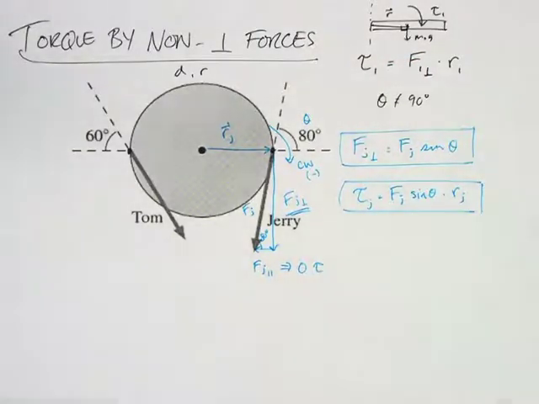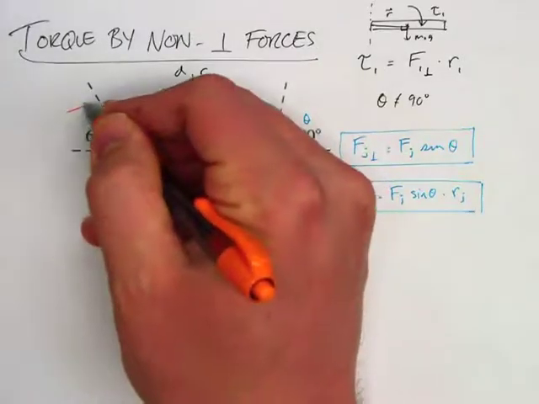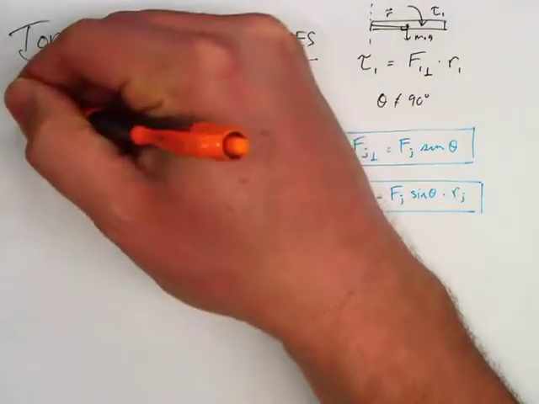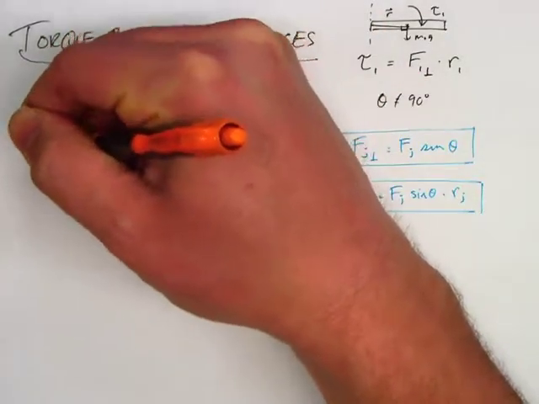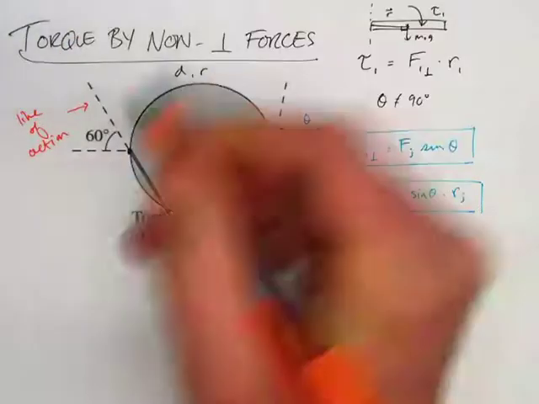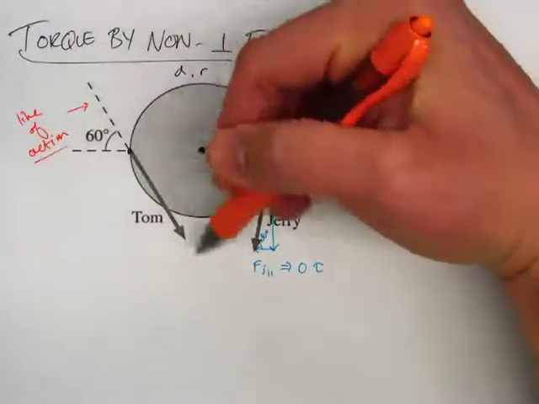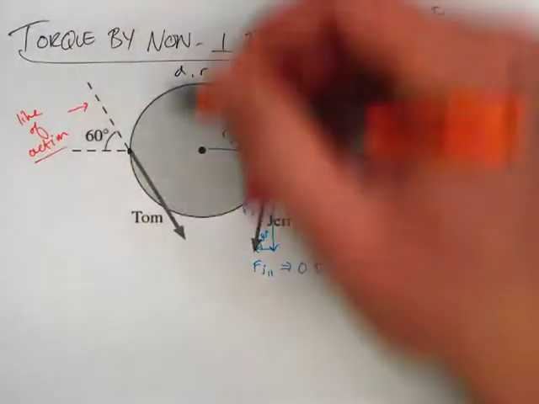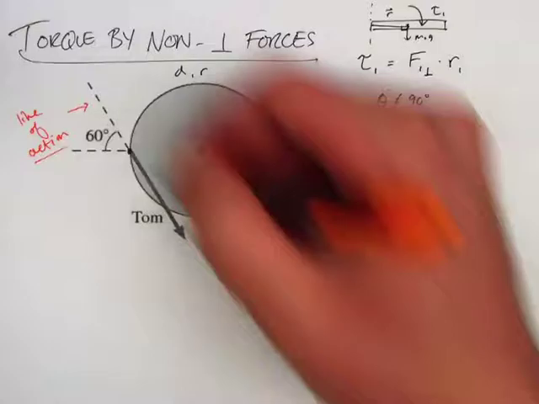Now I'm going to show you one other way to do it, and I'm going to prove to you that these are mathematically equivalent. So the other way to do it is to look at the force and to take the line of action of the force. The line of action of the force is an extension of the force through a line, before and after.